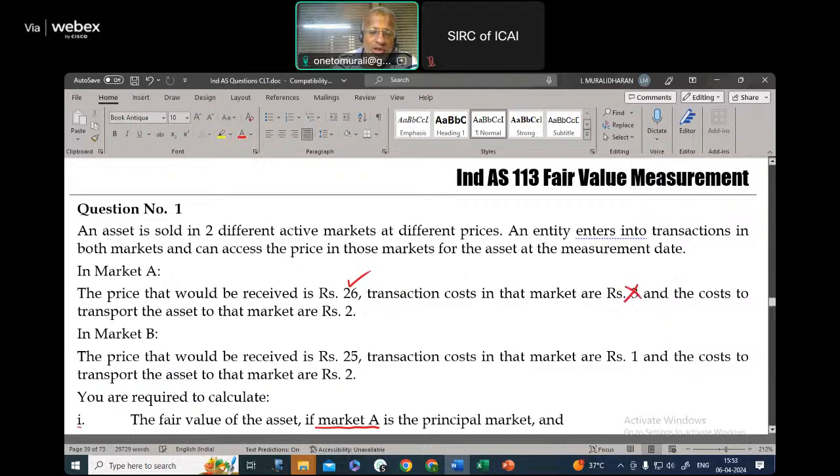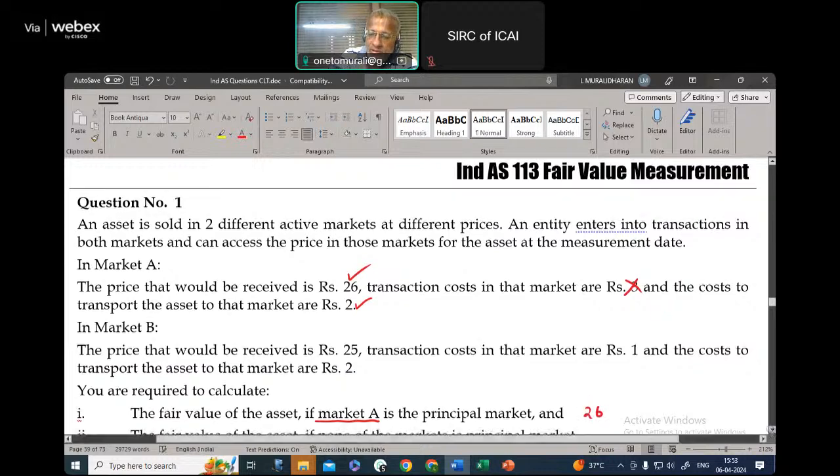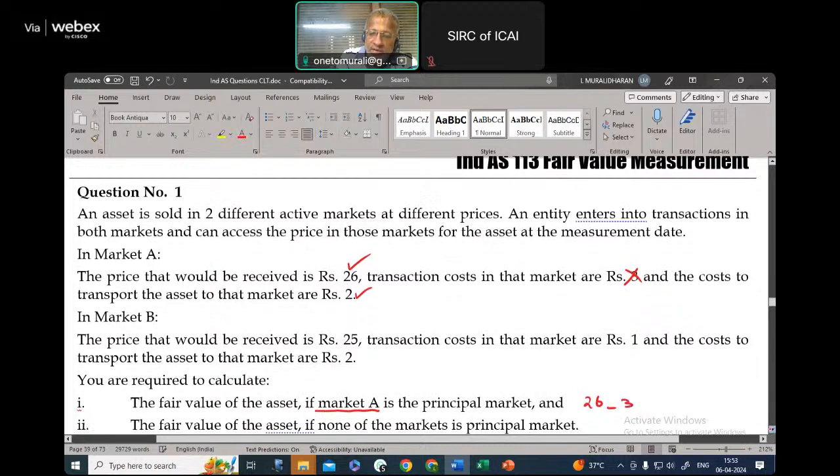Transaction cost I have got to ignore, but I am expected to take up transportation cost. So it is 26 minus 3 minus 2. This minus 3 should be ignored, that is the reason why I have written and then cancelled. That's my style. The answer is 24.